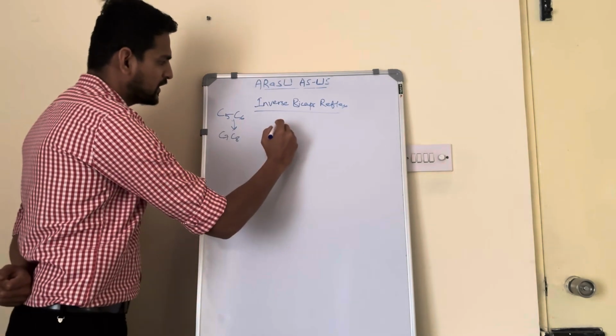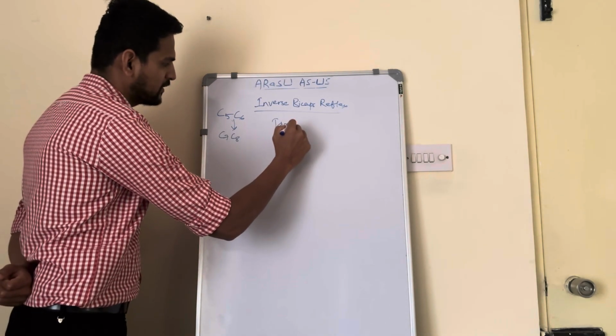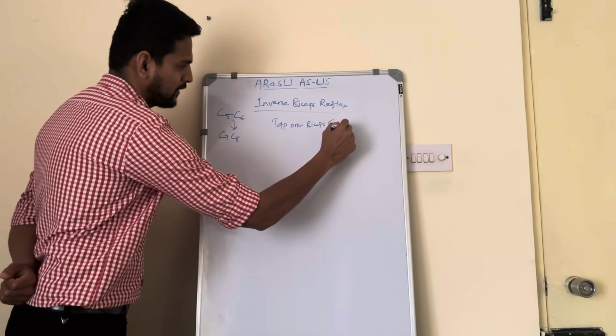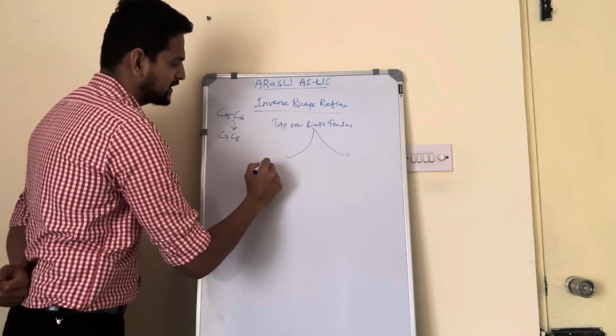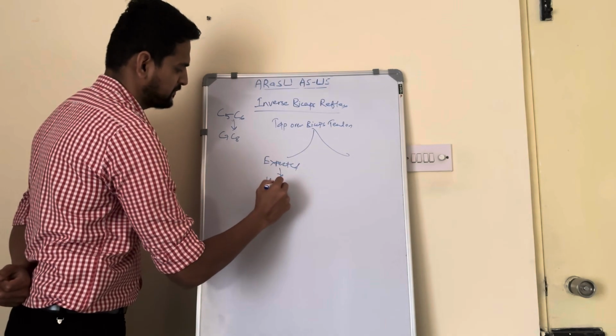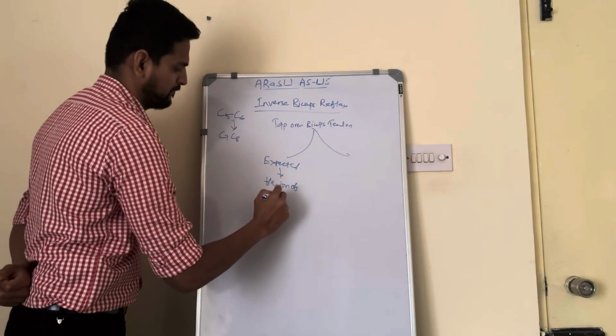Now routinely we are giving a tap over the biceps tendon. Expected is what? Flexion of the elbow.